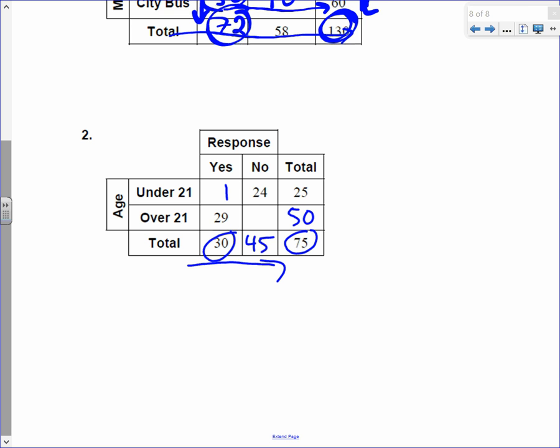We're rocking and rolling. 50 minus 29 is 21. We're done. No biggie.